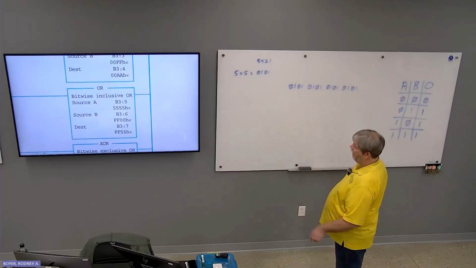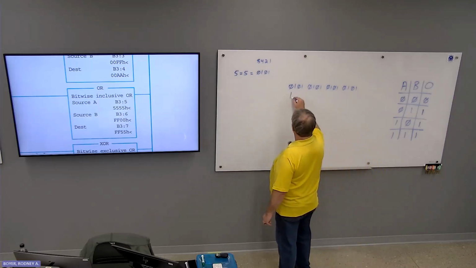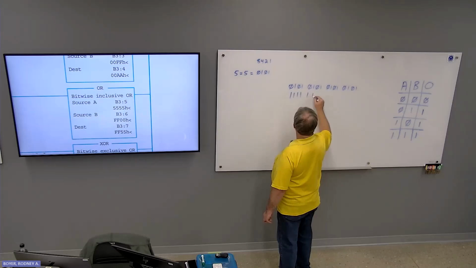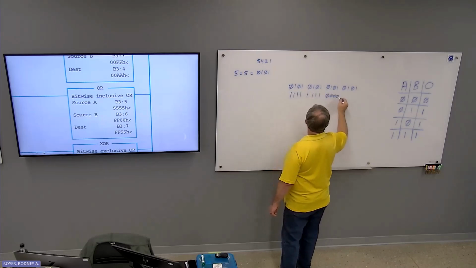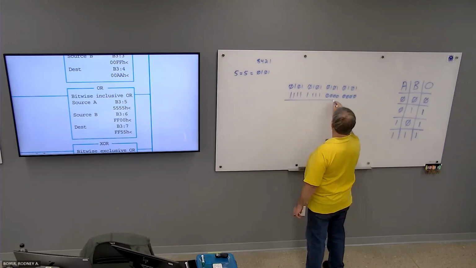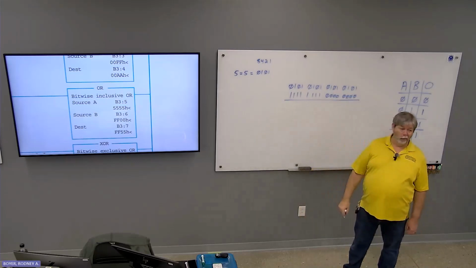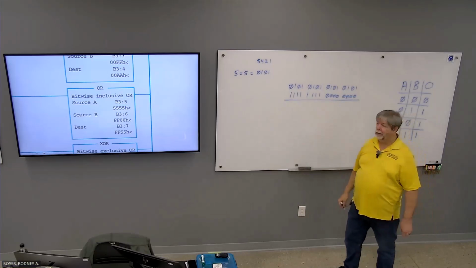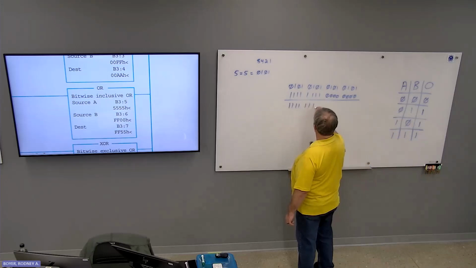Okay, and OR that with FF00, I already know that's all ones, all zeros. And again, anything ORed with a 1 is a 1. So these are all going to be 1s again.